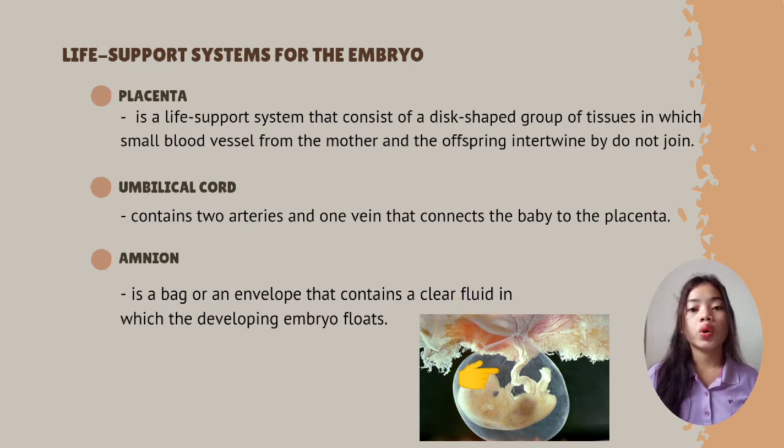The umbilical cord contains 2 arteries and 1 vein that connect the baby to the placenta. And the amnion is a bag or an envelope that contains a clear fluid in which the developing embryo floats.